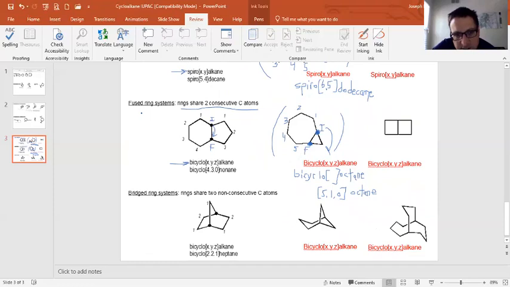And fused ring systems and bridged ring systems. Bridged ring systems, the rings share two non-consecutive carbon atoms. So if you were to take a look at this part of the molecule, that's a 5-membered ring. And these carbons here are not back to back because there's a carbon, this is called the spire carbon, almost like a church has a spire.